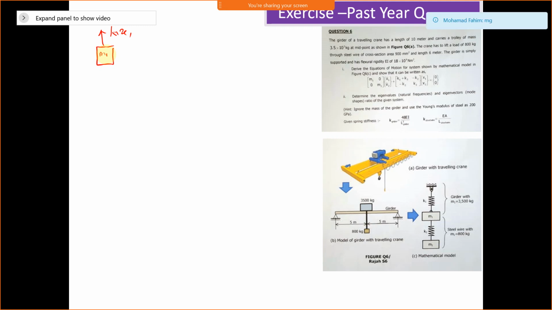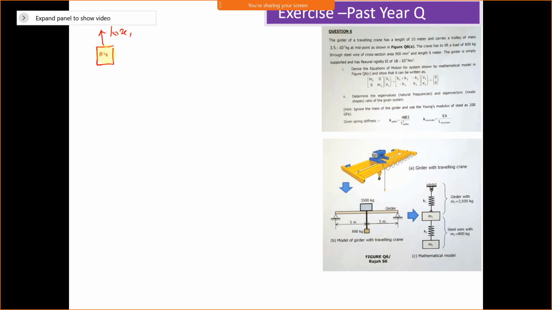Apa kita ada downward? Force due to no, mg kita tak consider. Kenapa kita tak consider mg? Sebab the movement of the block is moving up and down. So meaning to say that we can actually cancel out our mg. Alright, kalau kita consider pun sebab this one adalah pergerakan moving, then kita tak perlu consider.